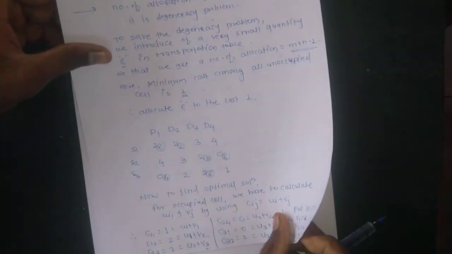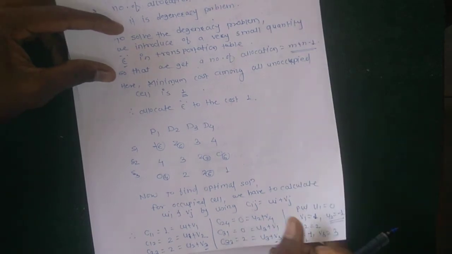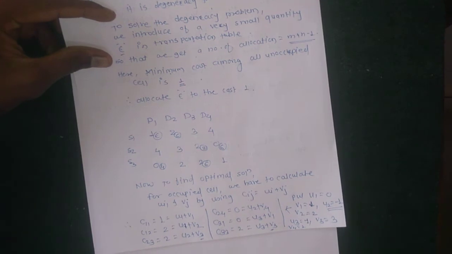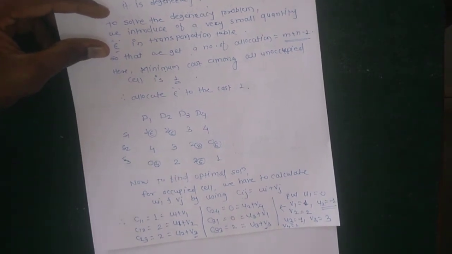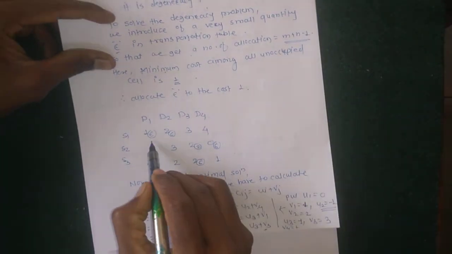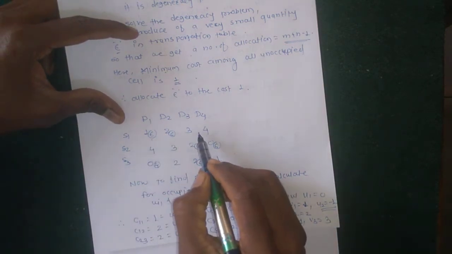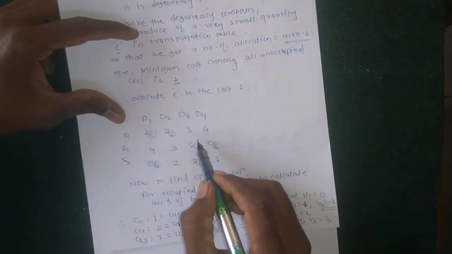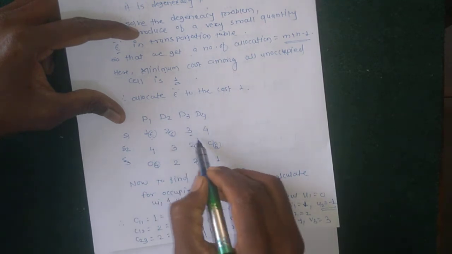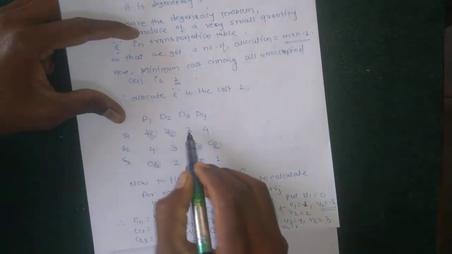From cell 1 3, how to close the loop? Here a closed loop does not exist for other cells, but for delta 1 3 a closed loop exists. Here, this is a closed loop.